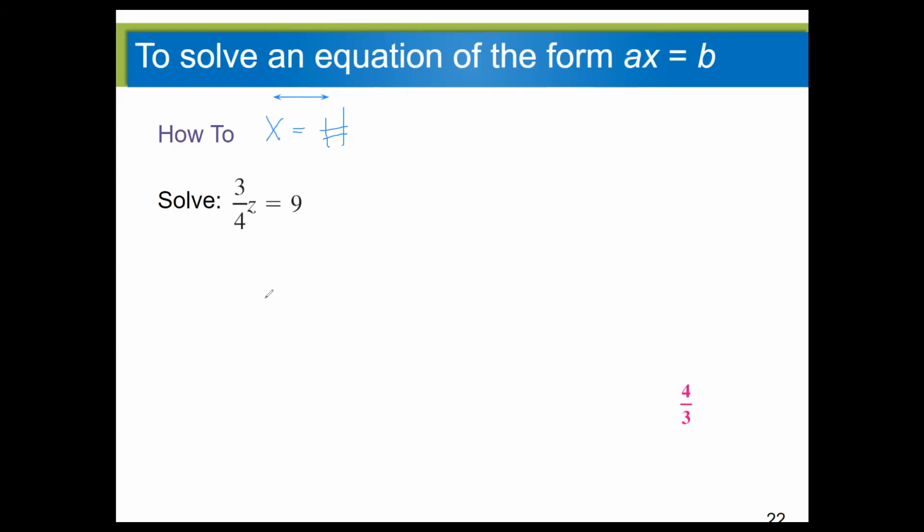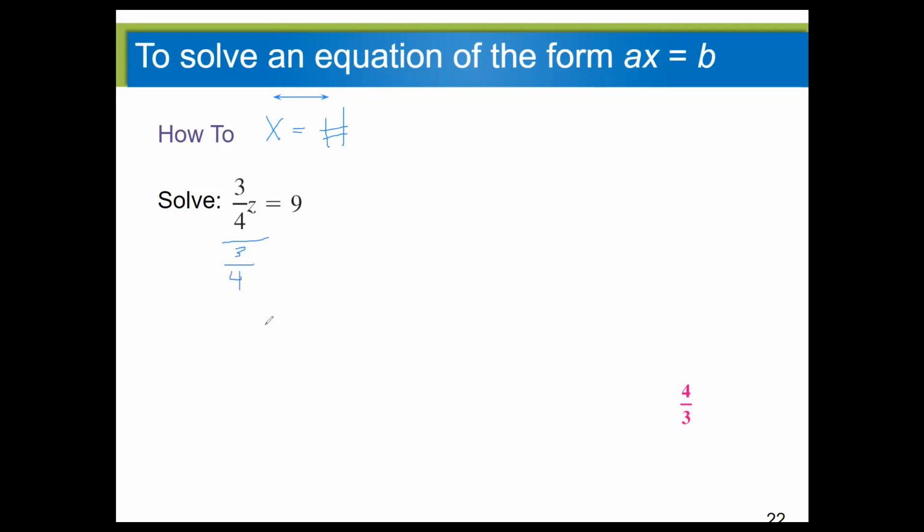Anyways, so how do you solve this? Well, I have 3/4 and it's multiplied by z there. So what's the opposite of multiplication? Division is the opposite of multiplication. So I essentially need to divide this 3/4 by 3/4, right? Does that make sense? Well, yeah.